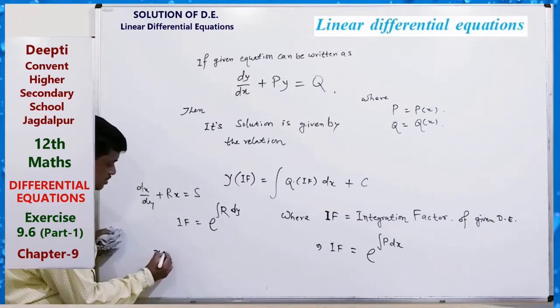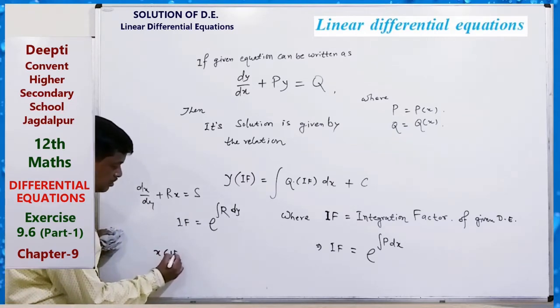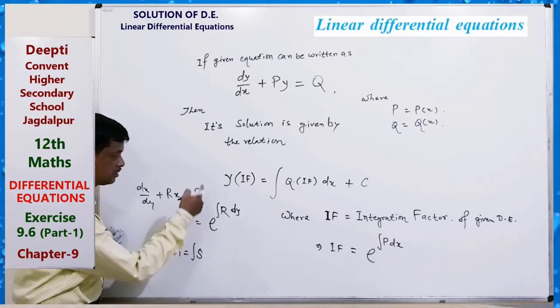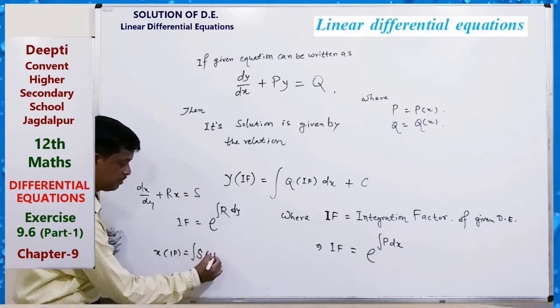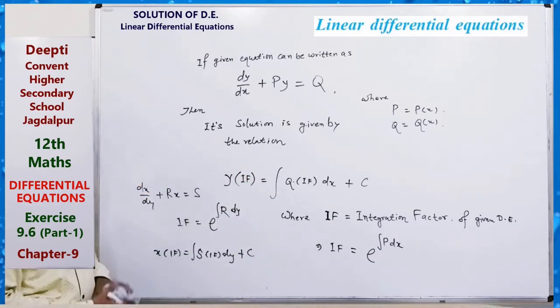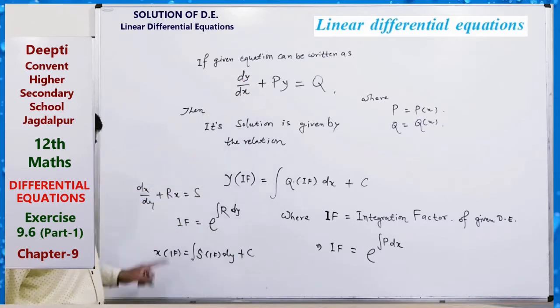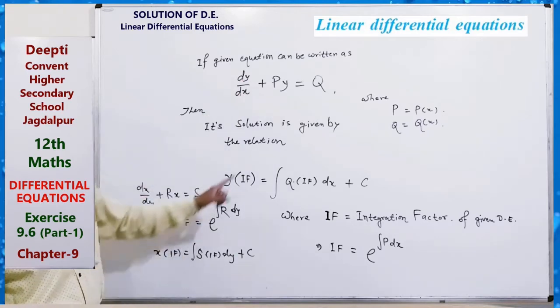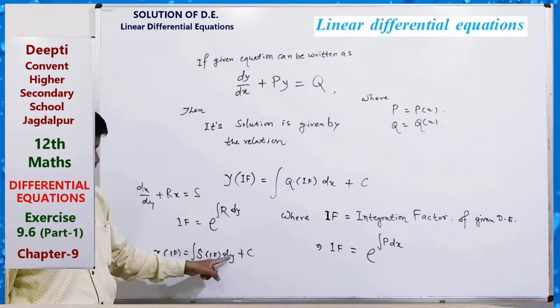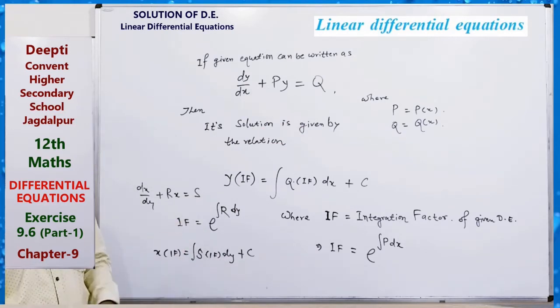So x into IF equals the integration of S into IF dy plus a constant. Here it is x instead of y, because Q is a function of x, while here S is a function of y. So this is the method for this format.